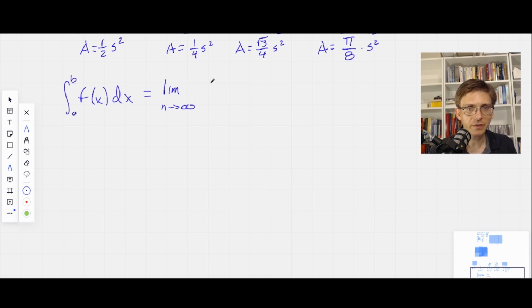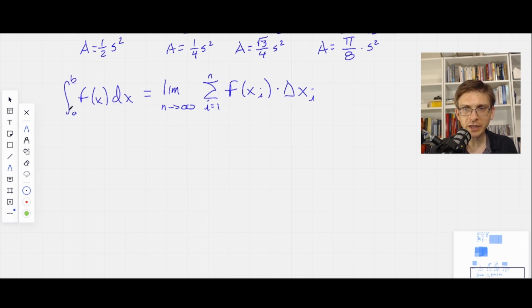The limit is n goes off to infinity of the sum of function values evaluated at particular x values times this delta x, or sometimes you see it as delta x sub i. And the summation runs between i equals, usually it's 1 or 0, all the way up to n.